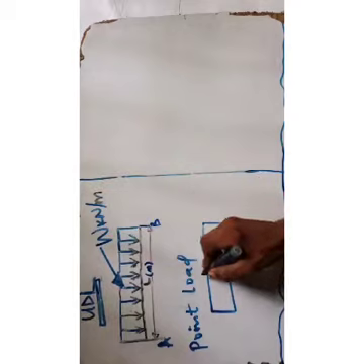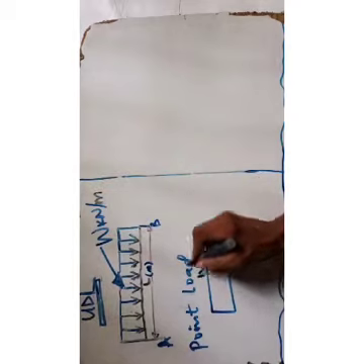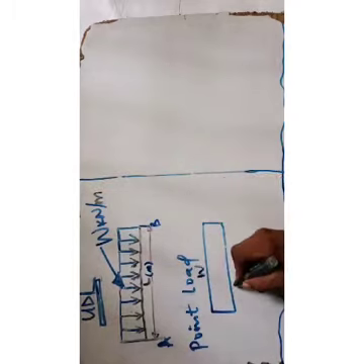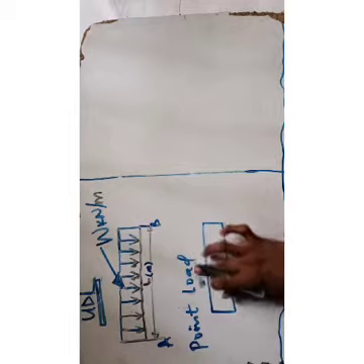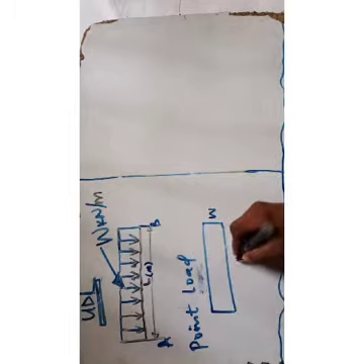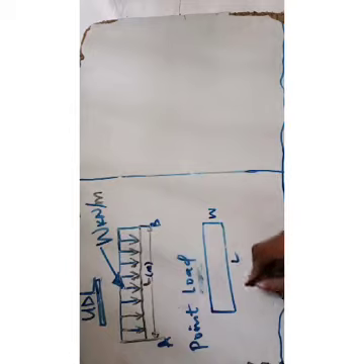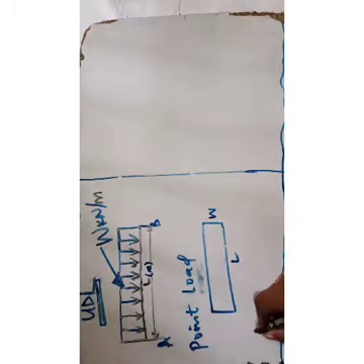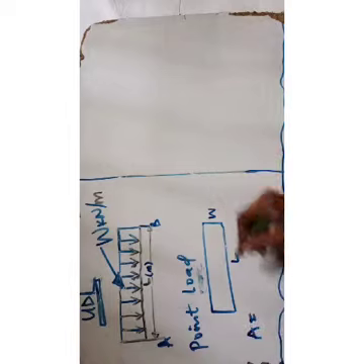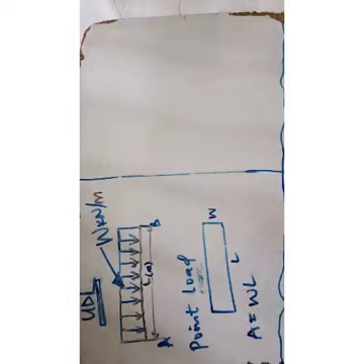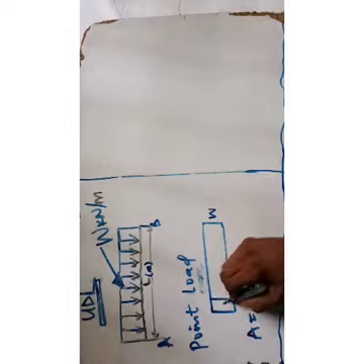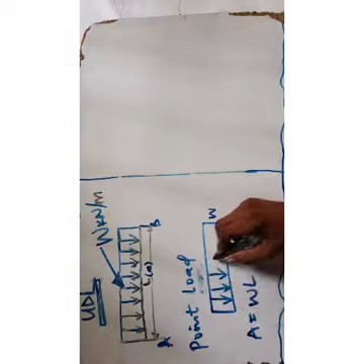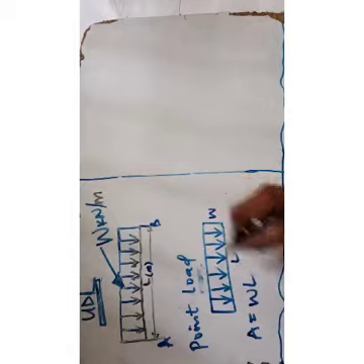So let's say this is W, and this is the length. So you can apply area. So the area will now be equal to length times breadth, which is WL.